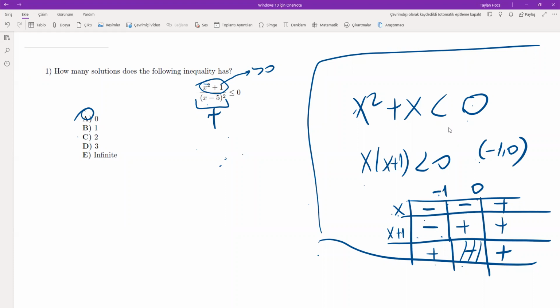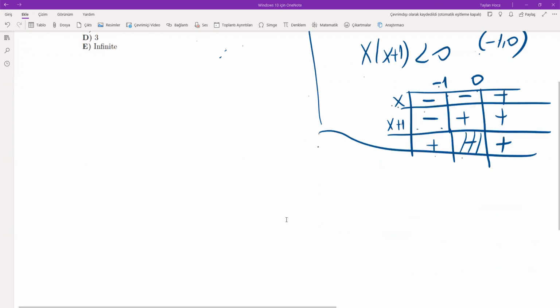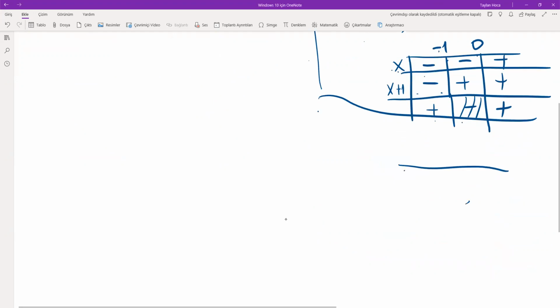So my question is, how many real solutions does this have? Tell me. Maria, how many solutions does this have? How many numbers do we have between minus 1 and 0? Do you have an answer? Think of a line here.